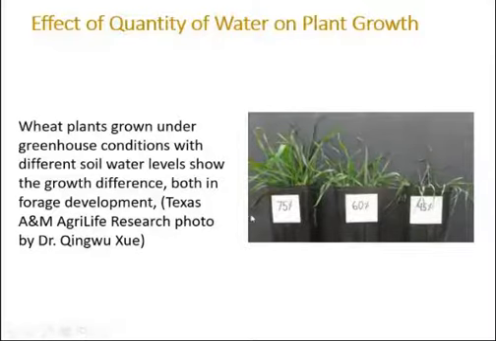This experiment shows that the amount of water affects plant growth. As you can see, a lower amount of water, closer to the permanent wilting point, means less growth. The plants are wilted. If you keep the plant at, let's say, 70% of the available moisture content, then the plant grows healthily.